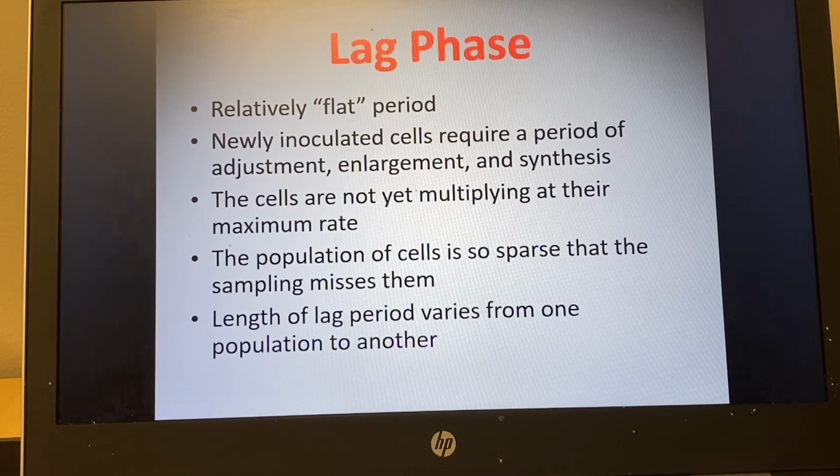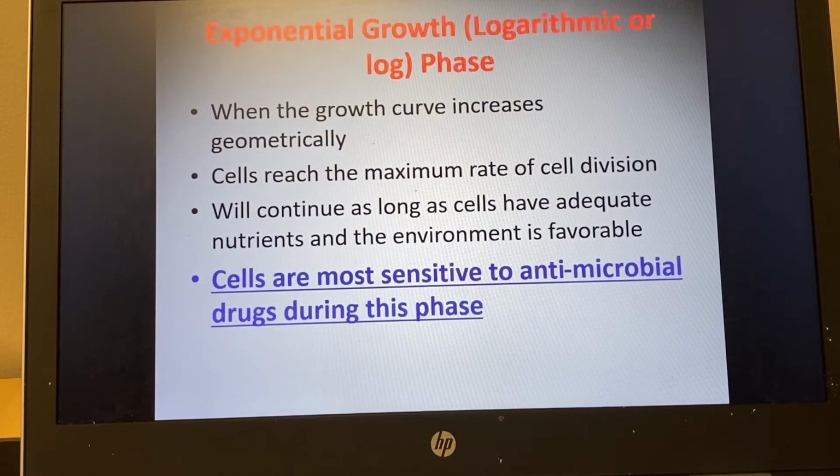It's relatively short, though the time, as I mentioned, can vary from species to species, but it's basically the bacteria have just been introduced into the environment and they're checking things out to see if it's a suitable environment. Okay, by far the biggest phase is what we refer to as the exponential growth phase, logarithmic, or log phase for short.